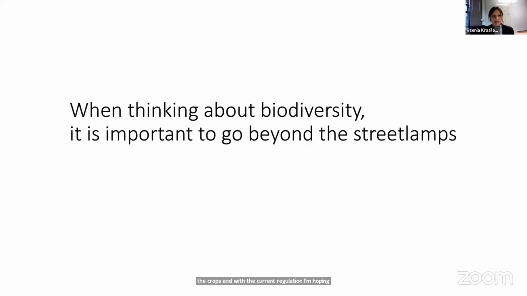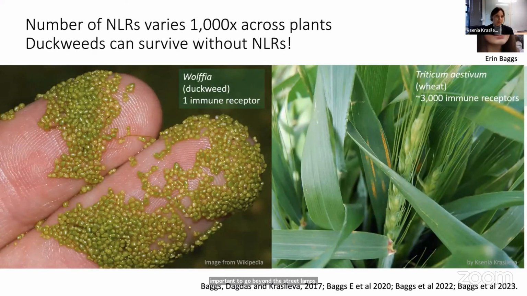All right, in the last 1 minute, what I want to talk about as well, thinking about biodiversity, it's really important to go beyond the street lamps. And this work that we've done on looking at the biodiversity of NLRs was really fundamentally done by one of the first PhD students in the lab, Aaron Bax.